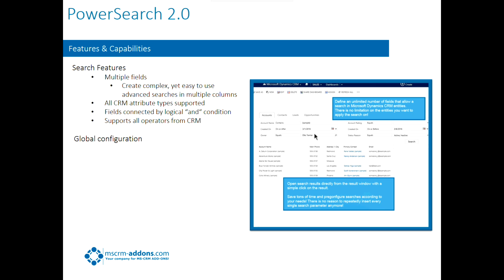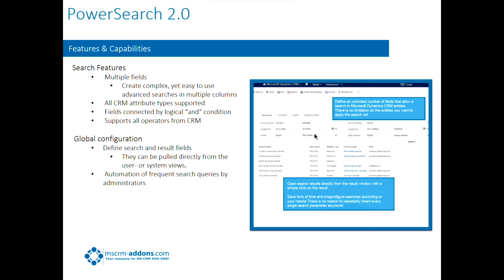It has a global configuration, and in that you can define the search and the results fields yourselves. They can be pulled from the user or system views, so you can use those to refine your searches and get the things that you want. That's where it's going to be pulling the data from.